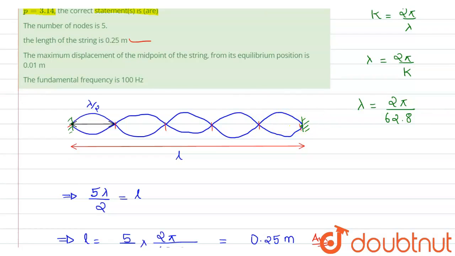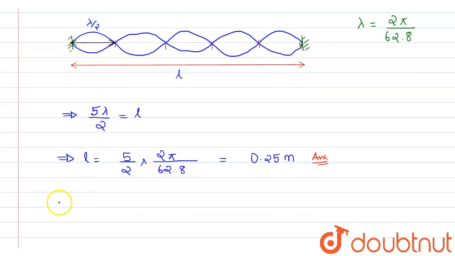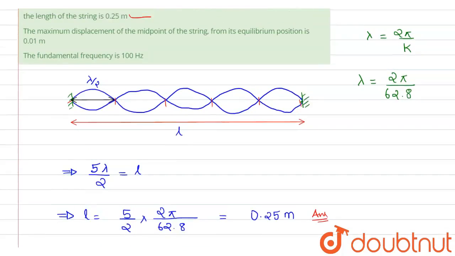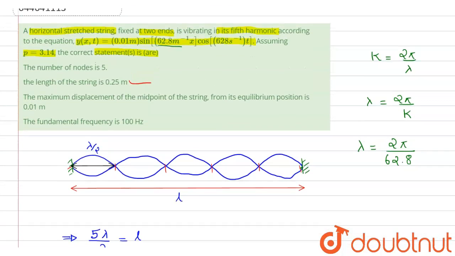So the number of nodes is 6, it's not 5. We can clearly see it. So our first option is incorrect.